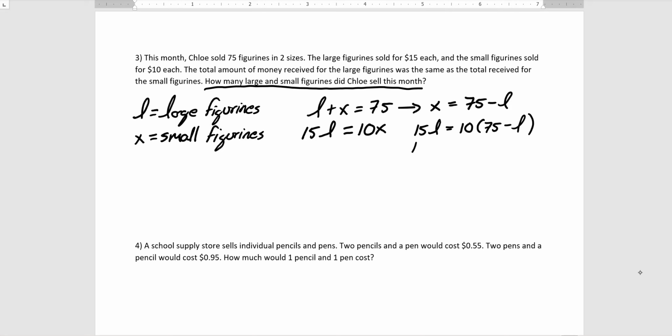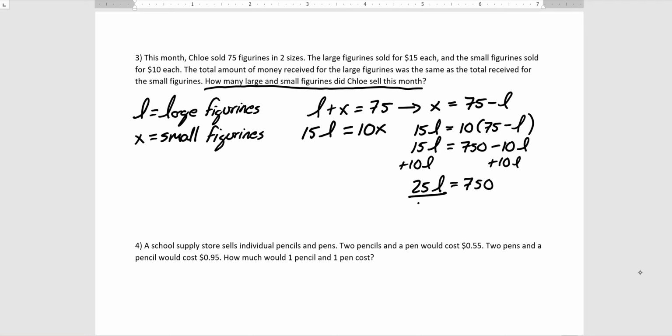Good. So we'll say 15L equals 10 times 75 is 750. 10 times negative L would be negative 10L. And we're going to add 10L to both sides. So that tells me that 25L equals 750.